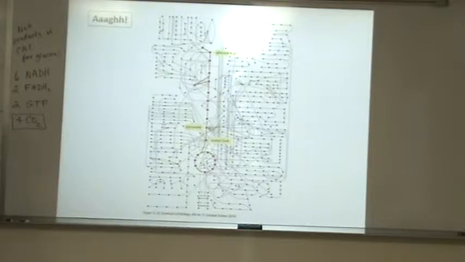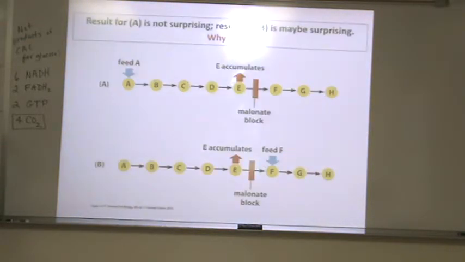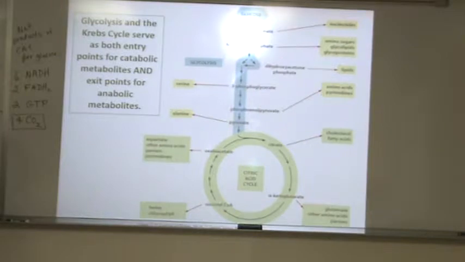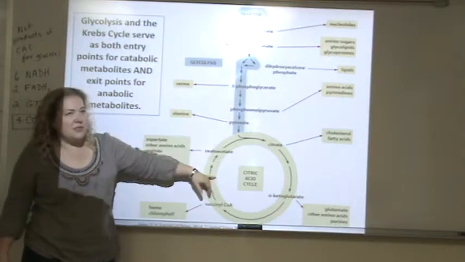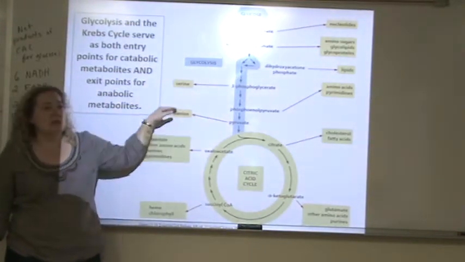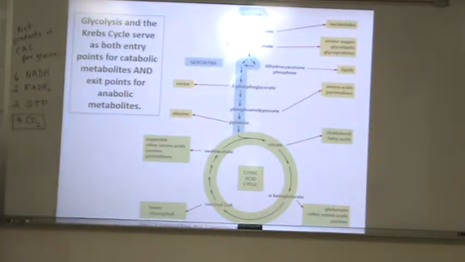Now, this picture is scary, but it's also really cool. And this is sort of relating back to this slide here. So the concept I introduced here that, these cycles are useful for more than just making ATP eventually to produce intermediates.